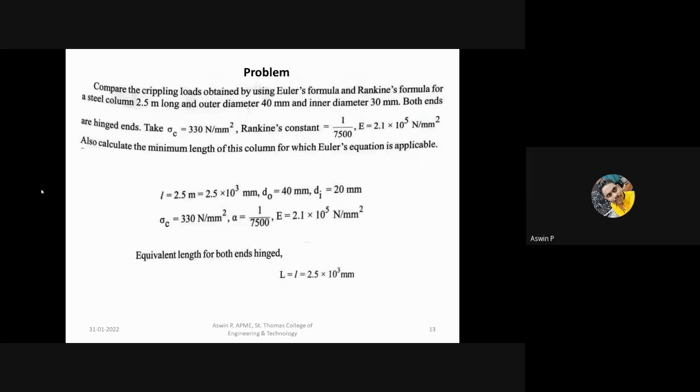Before that, please write down if anything is pending. You have 1 minute. Please write down whatever you are missing in the slide.